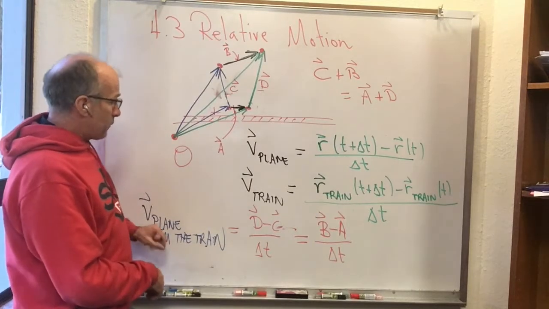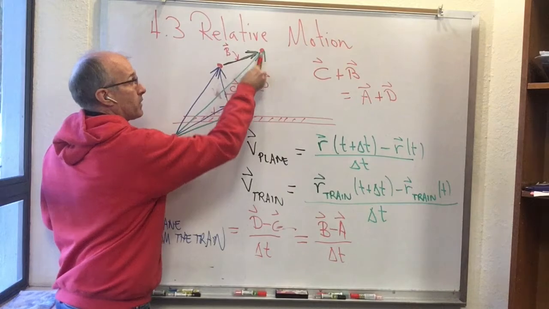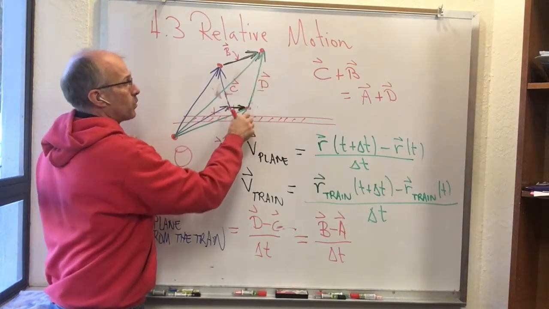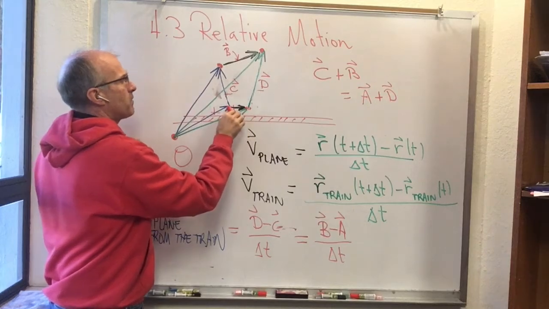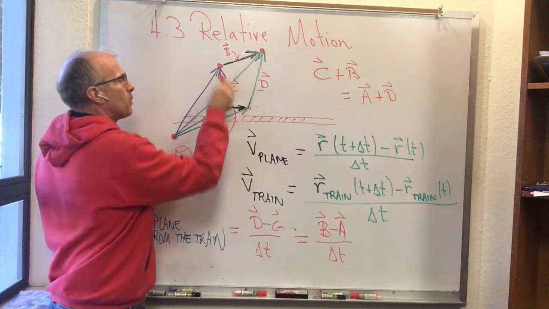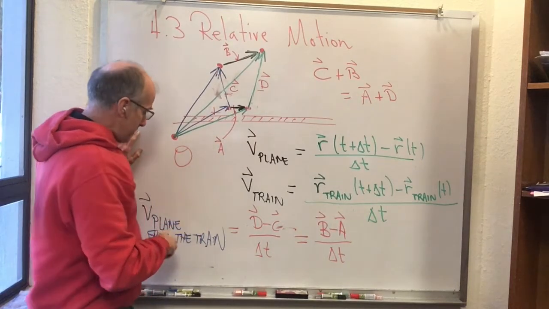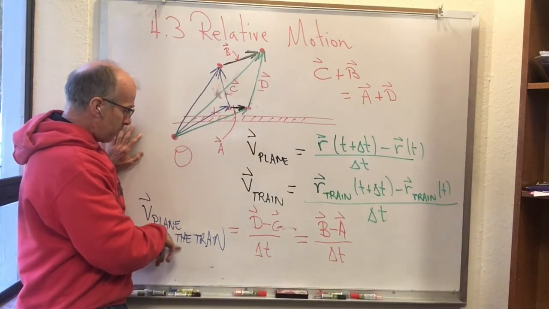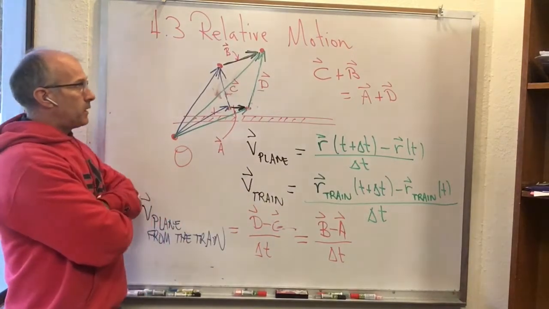V sub plane from the train is, this is the vector d, that's where the plane appears to be from the train at the later time. And this is the vector c, where the plane appeared to be from the train at the earlier time. And the velocity of the plane from the train is just d minus c over delta t.